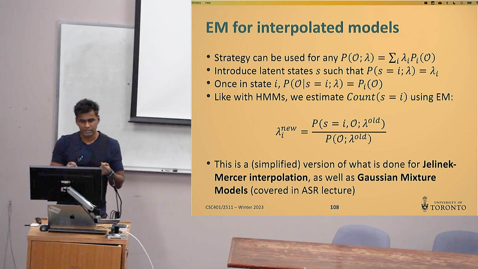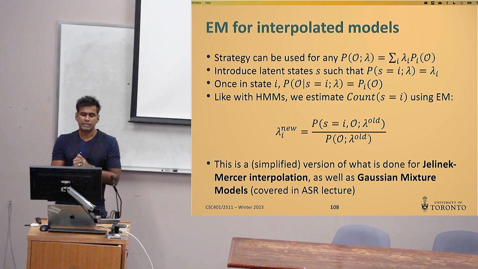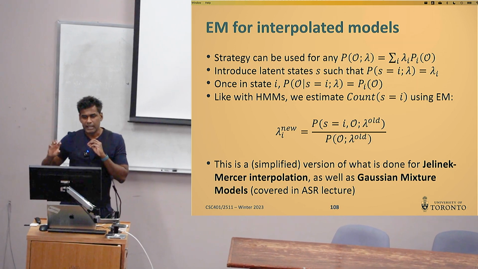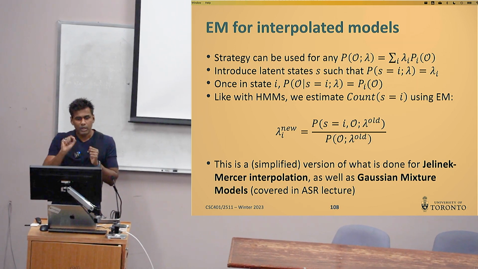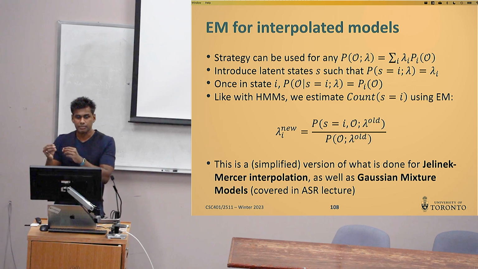So the observation likelihood is better, essentially. What we're trying to do is interpolate between these three models, and the question is what weight should I assign to each: unigram, bigram, and trigram.